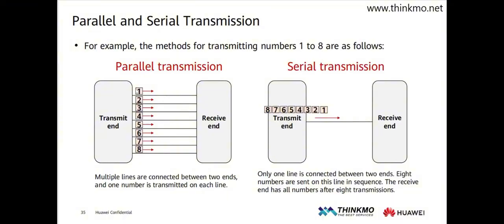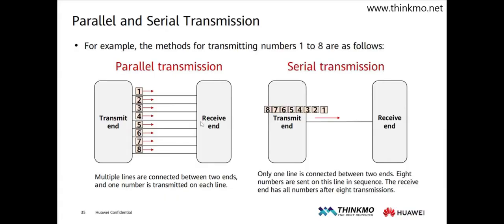For the original data, let's assume it's like this, from 1 to 8. However, during transmission, it will split these 8 pieces of data into 8 parts and send them simultaneously. After transmission, it will combine these 8 pieces of data back together. This is the entire transmission process. This is the working principle of our parallel transmission.